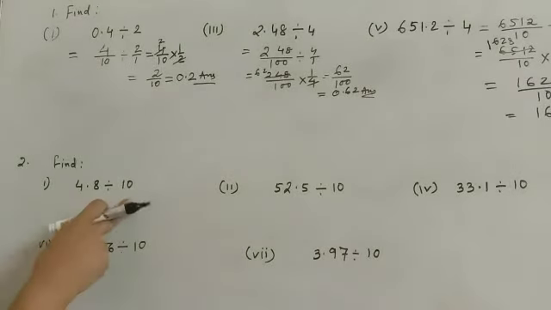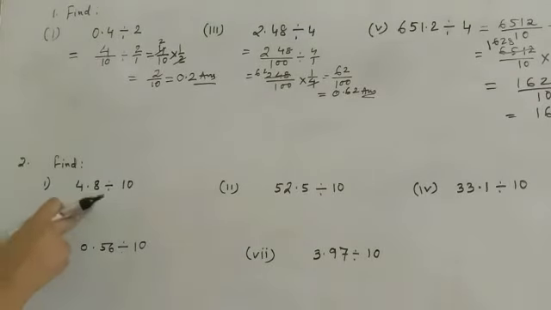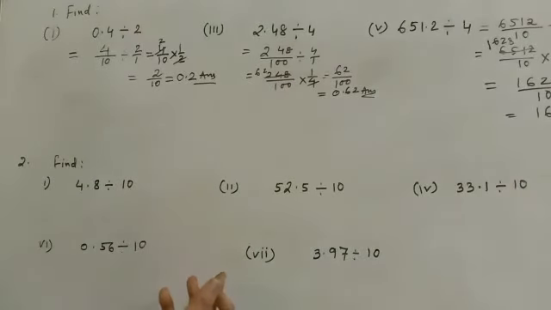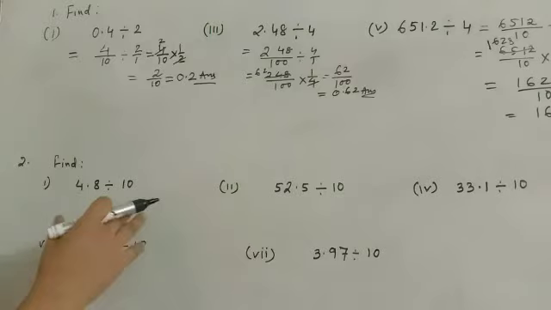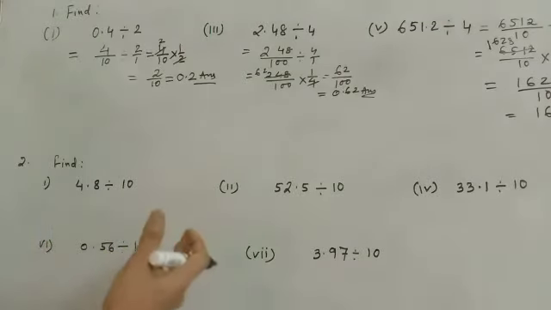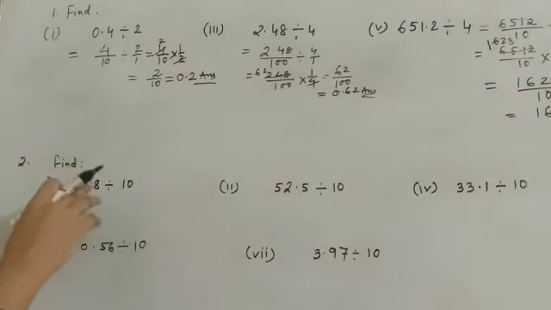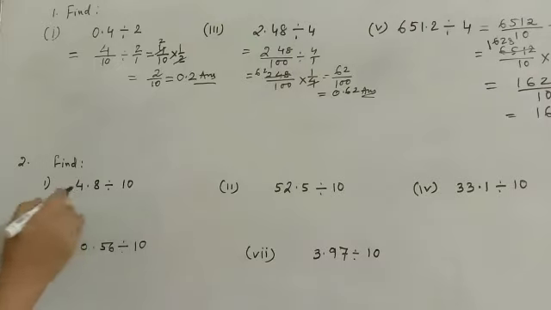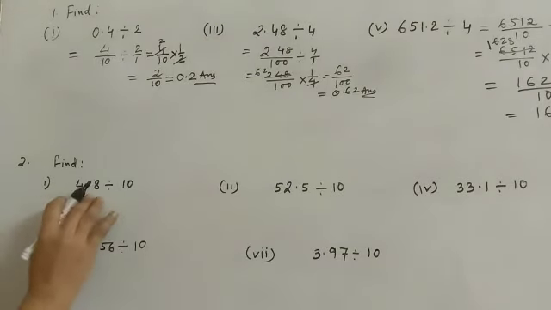Now question number 2. Here you have to divide decimal numbers by 10 or multiples of 10. You know that when you multiply numbers by 10 or multiples of 10, the decimal point moves to the right side as the numbers become larger. Now when you are dividing any number, the numbers become less than the previous number.